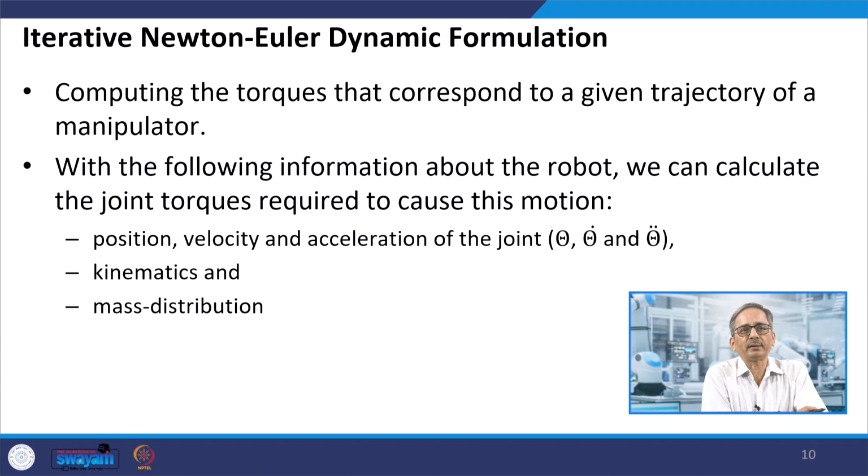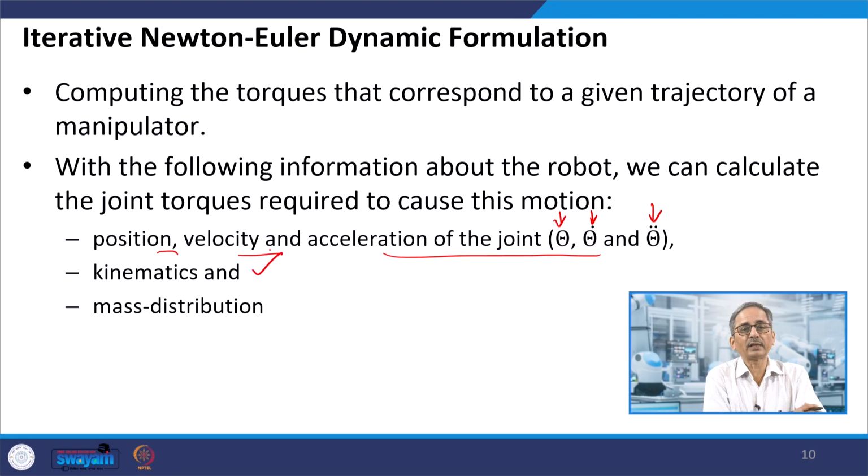Okay. So, coming to the iterative Newton-Euler dynamic formulation, computing the torques that correspond to a given trajectory of a manipulator. So, that is our objective here. And with the following information about the robot, such as position, velocity and acceleration of the joints, which I describe with the help of these vectors, okay, for the position, for the velocity and for the acceleration.